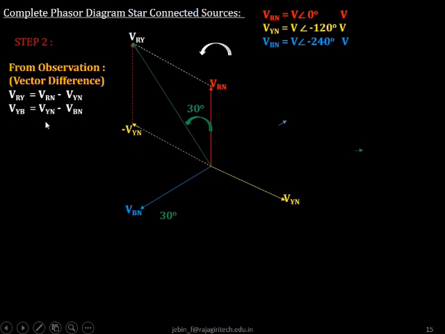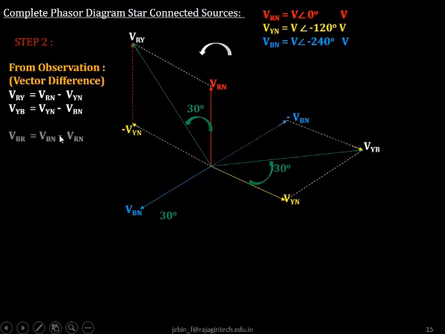Similarly, we'll draw the next line voltage VYB, which is equal to VYN minus VBN. So this is my VYN and I'll draw minus VBN and I will complete the line voltage VYB. Similarly, I'll draw the third line voltage represented as VBR, which is equal to VBN minus VRN. So this is my VBN.